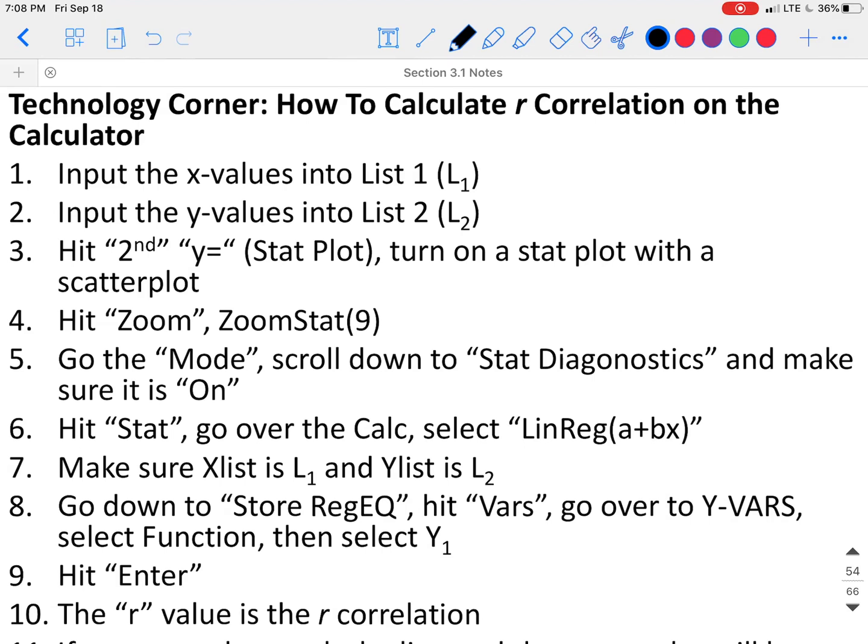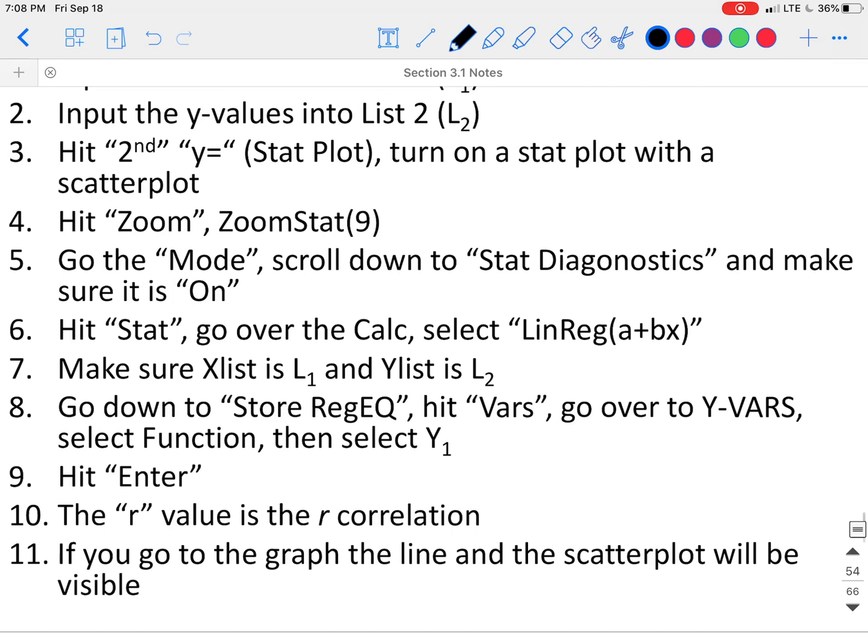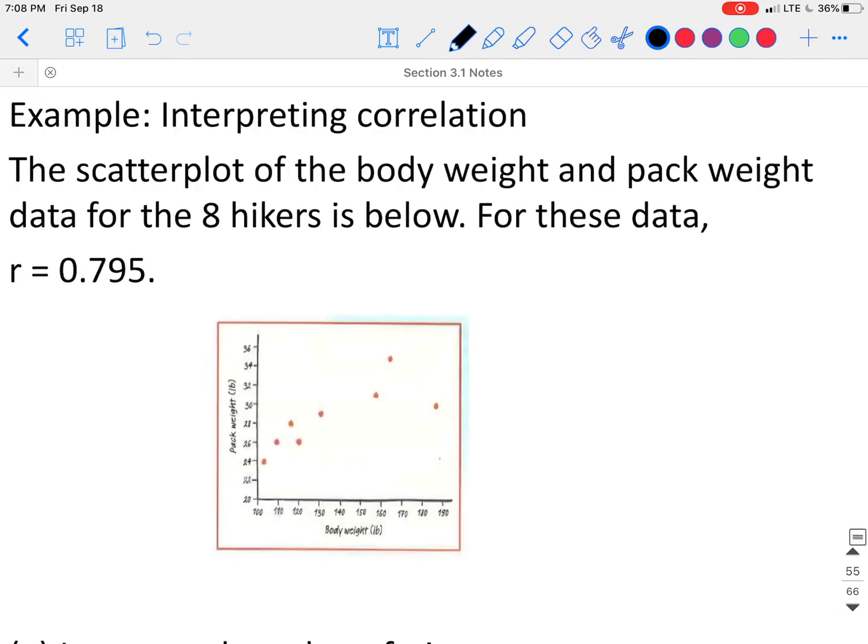It will actually input your linear regression line into your Y equals so you can then graph it on your scatter plot. Once you hit enter, you will see the equation for your linear regression line, and you will also see your R value, which is your R correlation. Now, if you go back to your graph, you will see that line graphed onto your scatter plot.